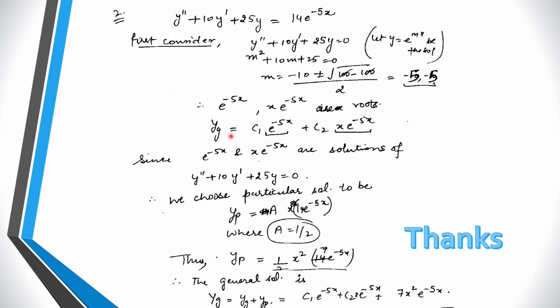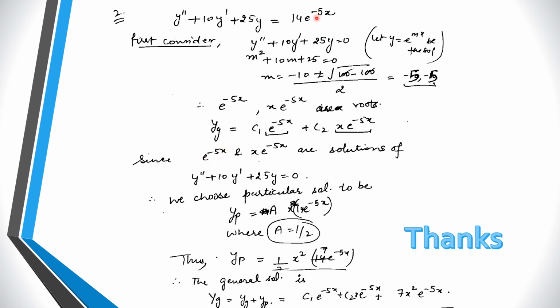So the general solution of this homogeneous equation will be c1 into e to the power minus 5x plus c2 into x times e to the power minus 5x. Now just see, these are the solutions of the homogeneous differential equation, and in the right hand side again you have e to the power minus 5x. This is the same as this.